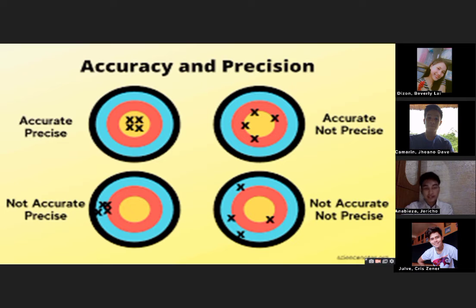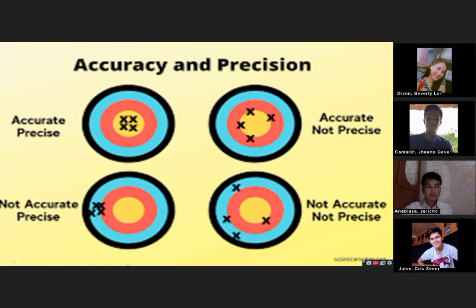It is called precise since the arrow or the bullet we used hit the same place. So it has a consistency. So it is precise.